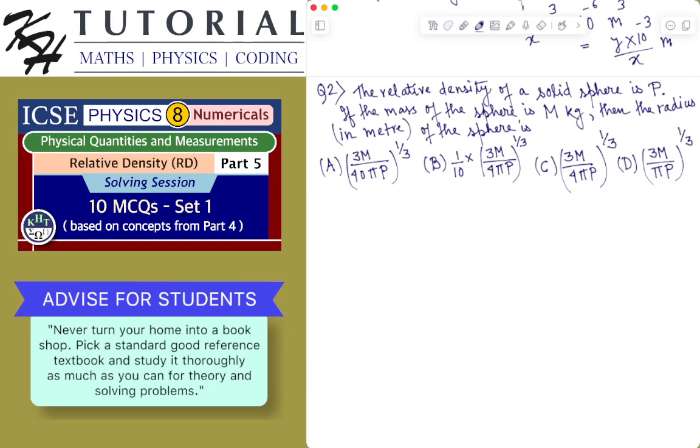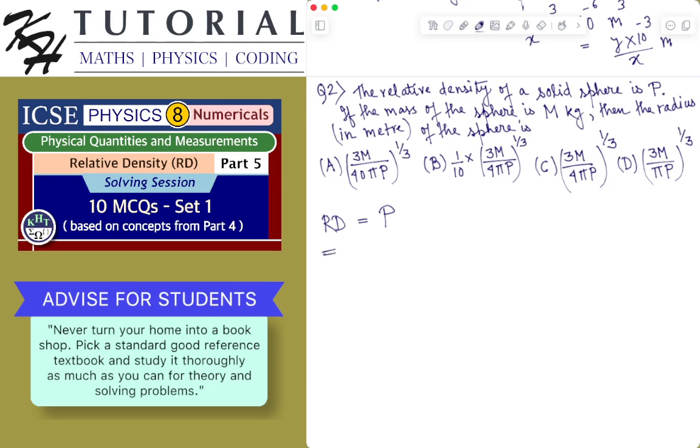Now the relative density of the solid sphere is given to be P. Since the mass of the sphere is given in kilogram and the radius of the sphere is also asked in meter, let's solve the problem using SI unit.